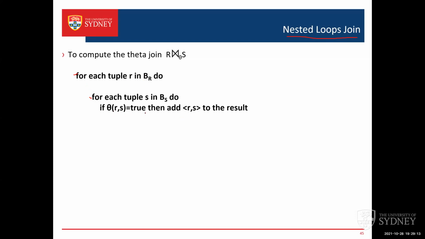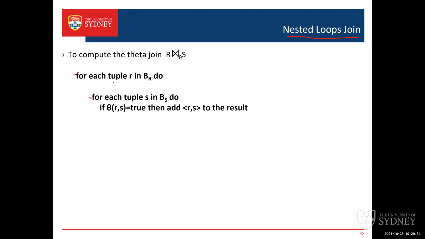If the condition is true between R and S, then add it to the result. If you have an idea about nested loops, then this part is very simple. For each tuple in BR, you take each tuple from S, so that's how we compare everything.